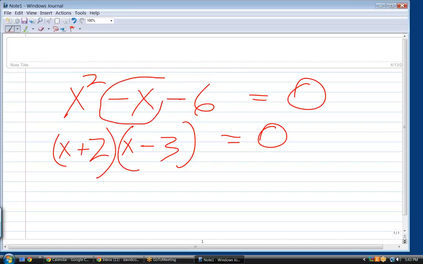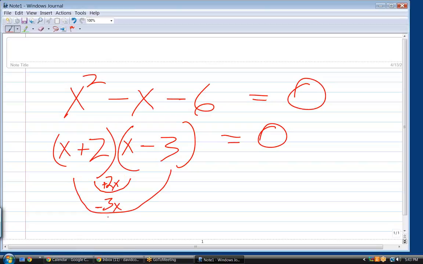How do you get the middle term of a quadratic? It's from the O and the I of FOIL, from the inside and the outside terms. Well, the inside terms are plus 2x when I multiply them together. The outside terms are minus 3x when I multiply them together. Add those two together, minus x, that's my middle term. I've done it properly.